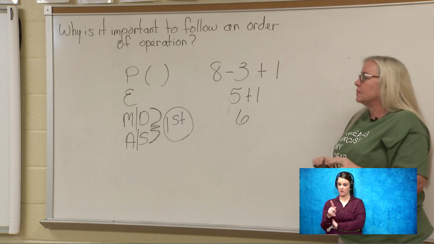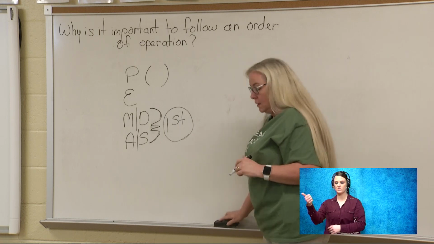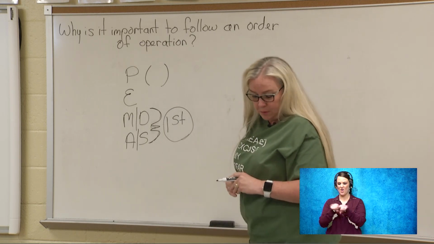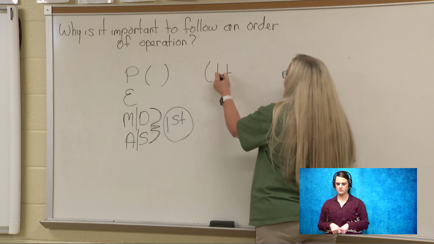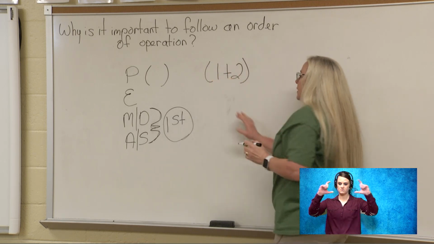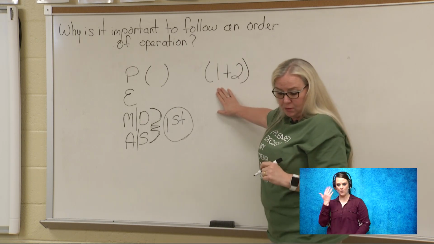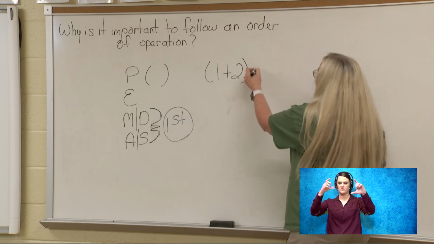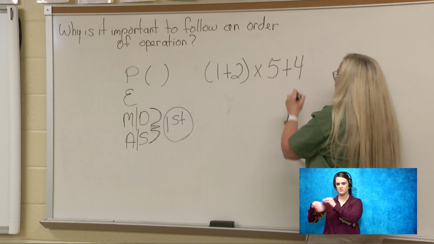Okay? All right, let me show you another one that they were also having problems with. 1 plus 2 in parentheses, which we automatically know we're going to do that one first, times 5 plus 4.